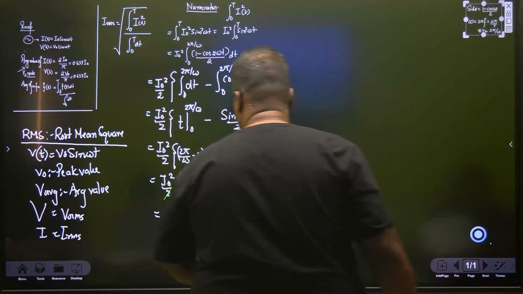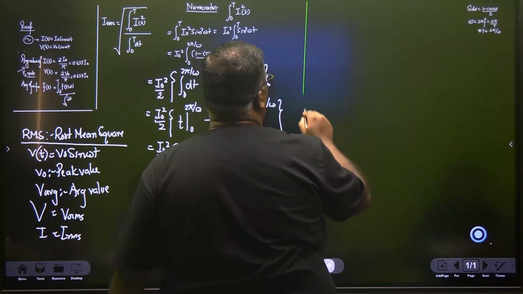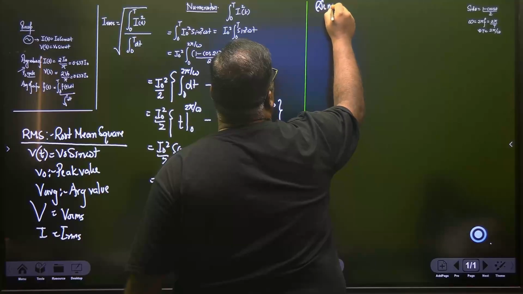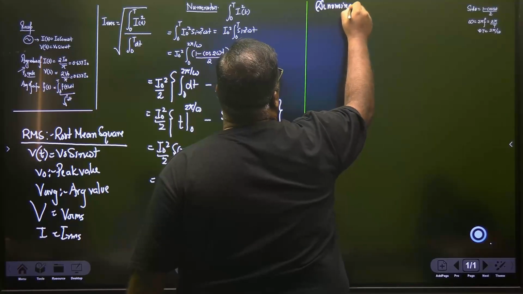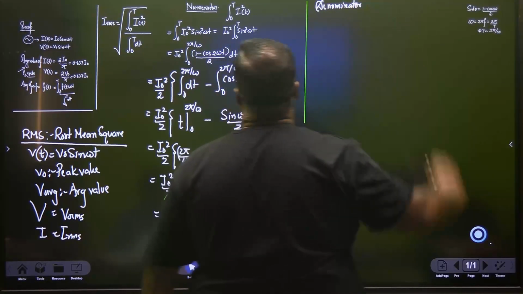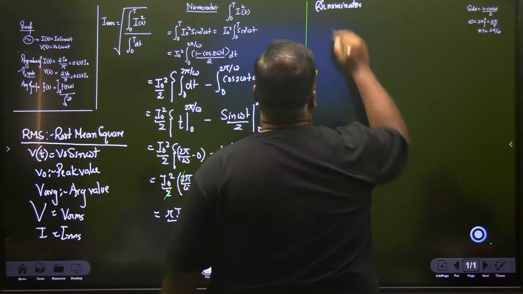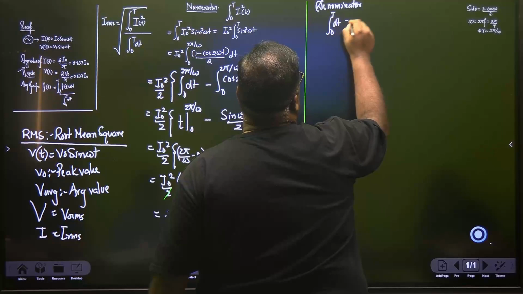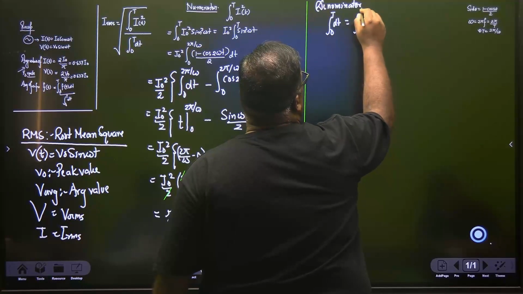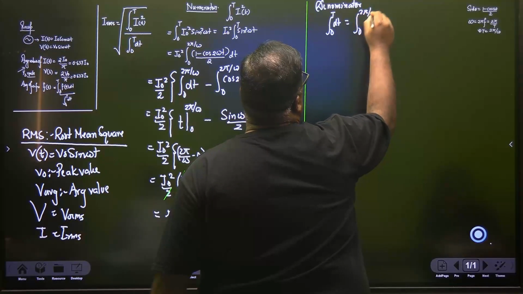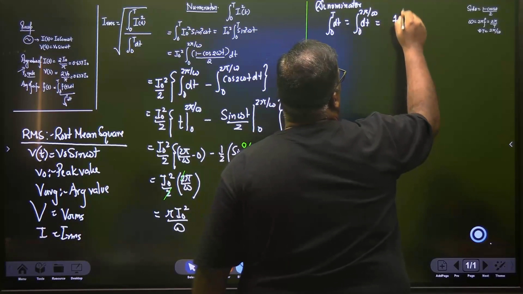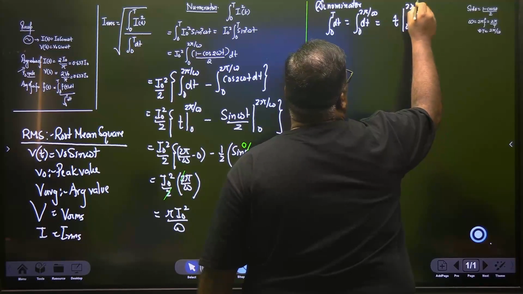Okay, let's see our denominator. So my denominator is integral 0 to T dt, which I can write as 0 to 2 pi by omega dt, which comes as t, from 0 to 2 pi by omega.